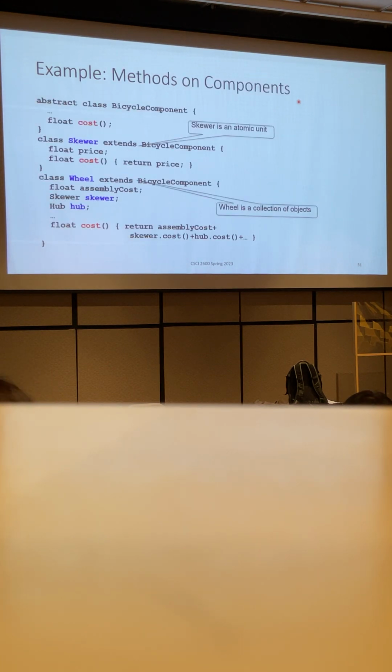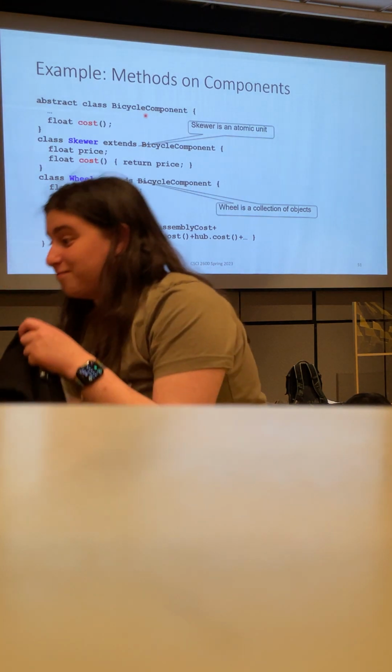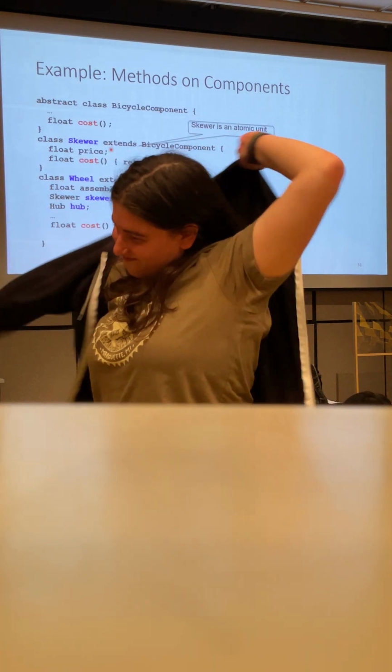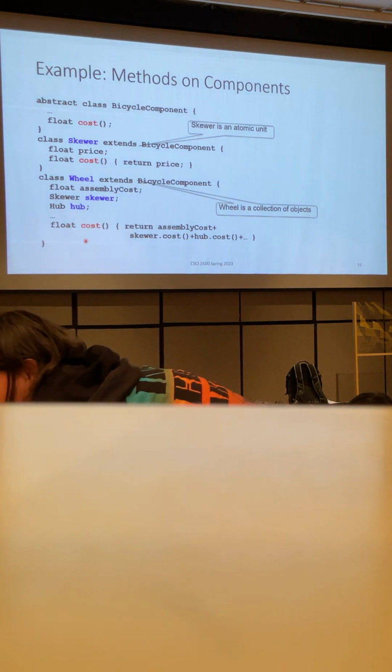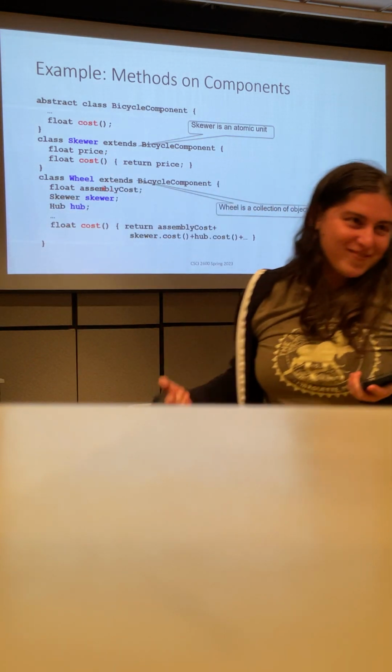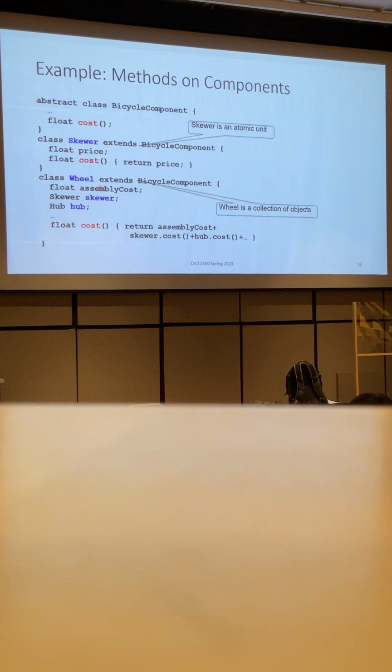All right, so how would we code this bicycle example? Well, we can have an abstract class bicycle component, and then have all the parts of the bicycle subclass from bicycle component. Each class, skewer, wheel, and so forth, would have a cost, and they might not be the leaf nodes in our component hierarchy, but might in turn consist of other things.